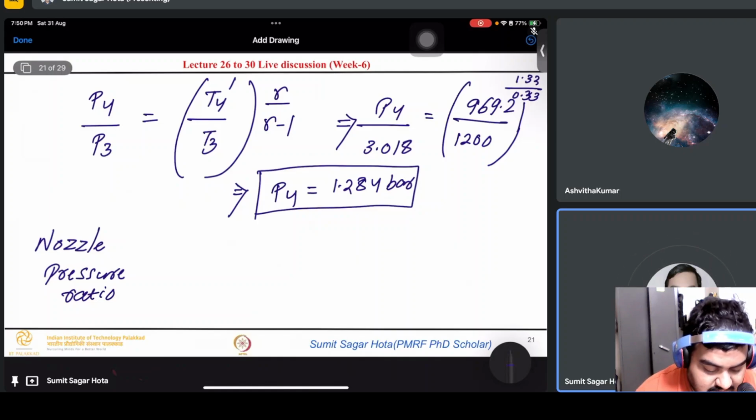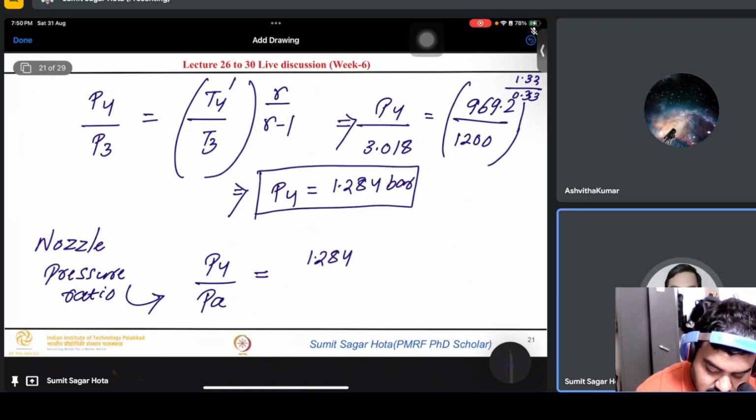The exit pressure of the turbine will be higher than the ambient pressure. So the formula for the nozzle pressure ratio will always be P4 by P ambient. So 1.284 divided by 0.265 is 4.845.